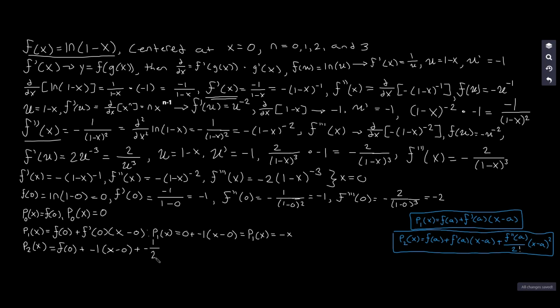So we have negative 1 half, and then f double prime of 0 is negative 1.